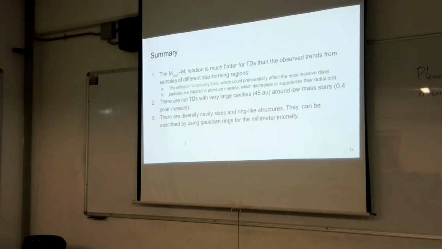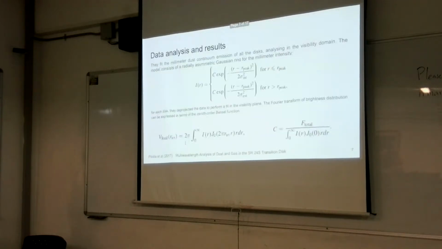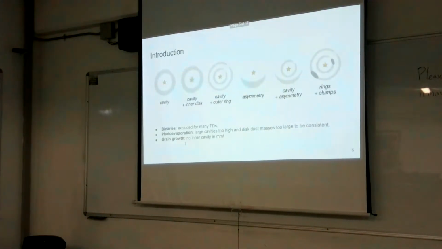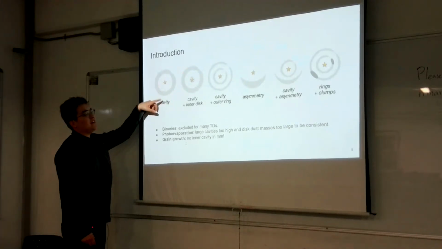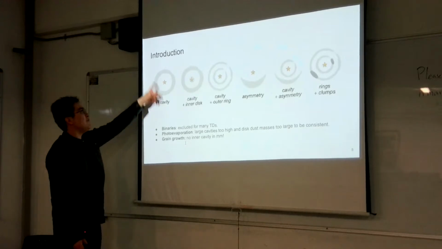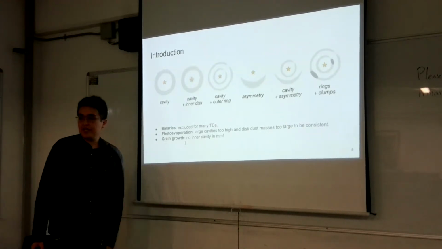Okay, well, maybe just go back, sorry, because I have a question. How did they select these transition disks? Well, as I told you here, they selected them by studying that this was just a cavity, not an inner piece, not an asymmetry.